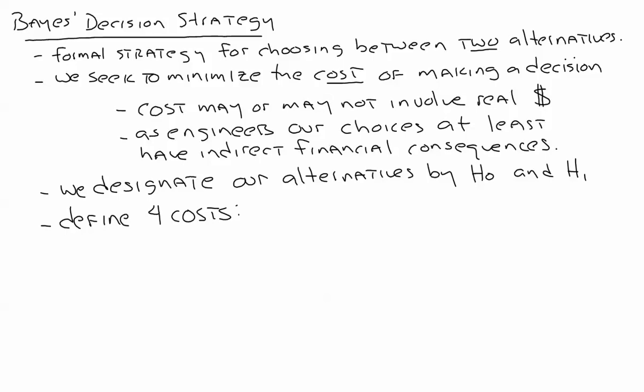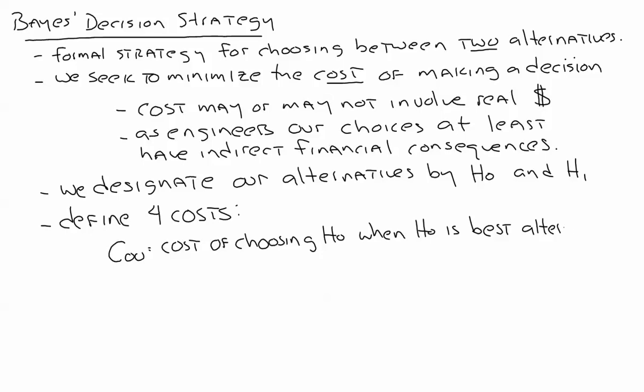C sub 0,0 is the cost of choosing alternative H sub 0 when H sub 0 is actually the best alternative.